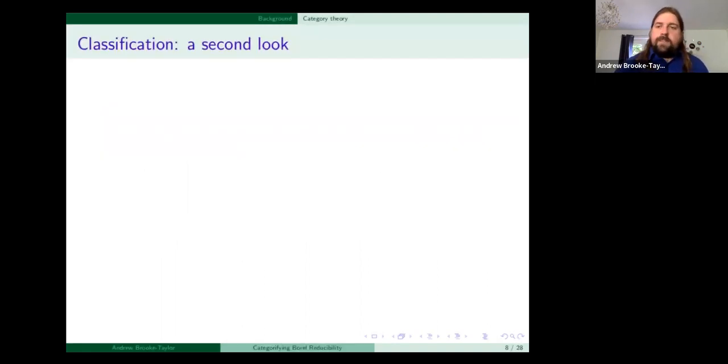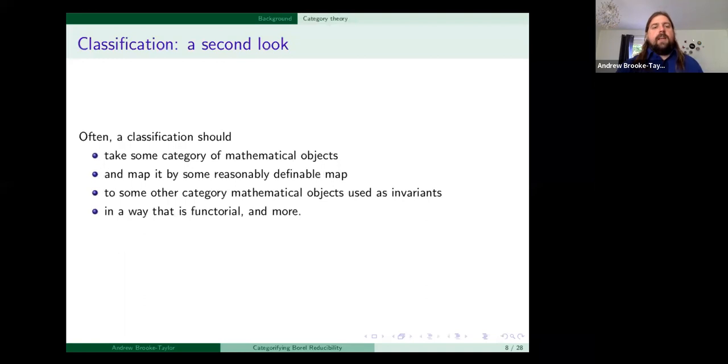So with that quick category theory background set up, let's look again at classification. The point is that often a classification should not just take objects to invariants in a nice definable way, but in a lot of areas, the mathematicians working in that area want these classification maps to be functorial, what's more.